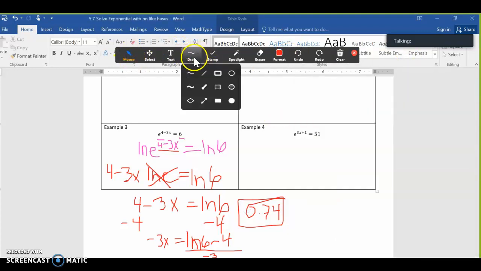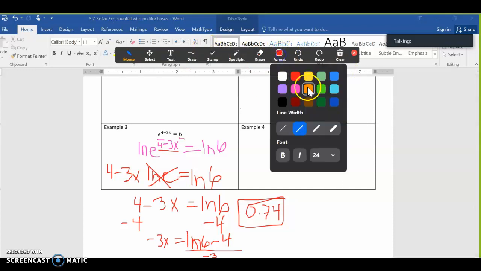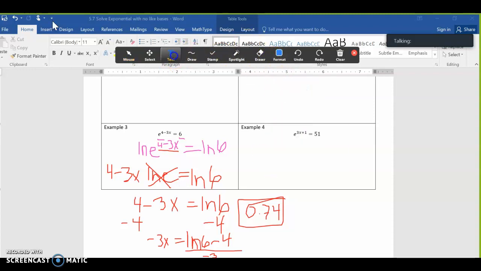So now let's go ahead and look at the very last question. This one also has an e, and I cannot make these bases the same. So I'm going to take the ln of both sides. Oops, forgot to put the ln on this side.